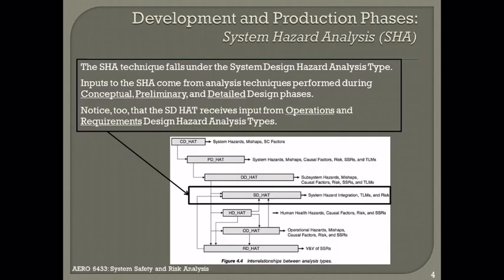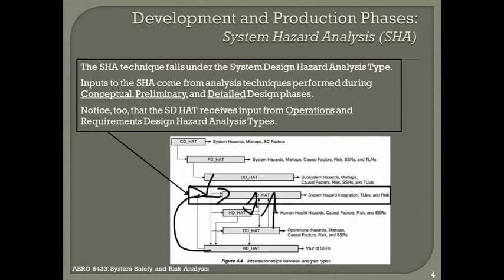Look at the inputs to the system design hazard analysis type. Look at all the inputs. We've got one coming from the detailed design, we've got one coming from requirements design, we've got an input coming from operational design, coming from human design.